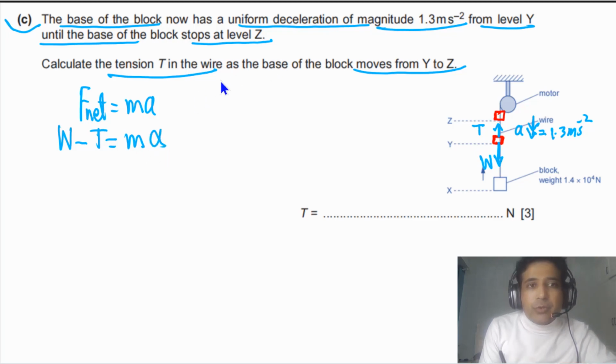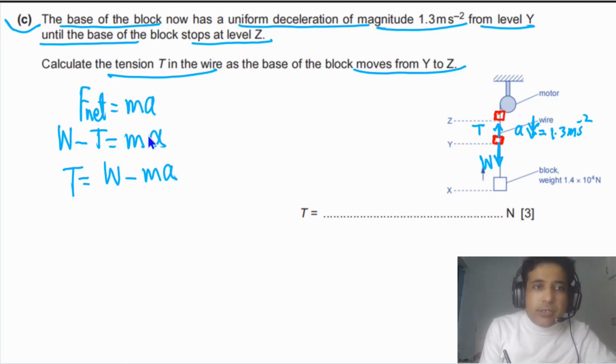We need to calculate the tension in the wire, we need to calculate T. So T will be equal to W minus ma. We move T to the right and we move this one to the left. So W minus ma is equal to T, and we need to calculate the value of T.